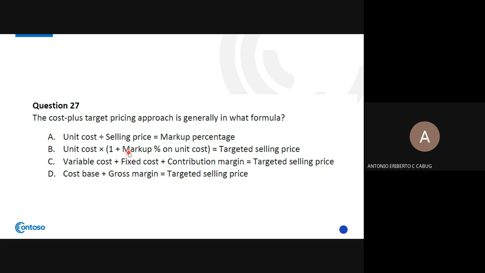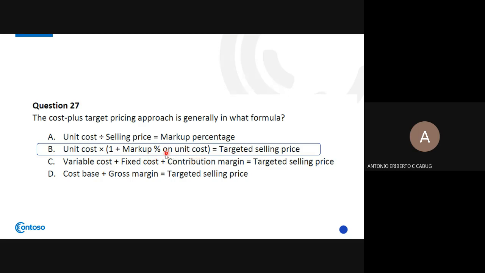So the question here is the cost plus target pricing approach is generally in what formula? Everyone, enter your answers now. So the formula is unit cost multiplied by 1 plus the markup on the unit cost.